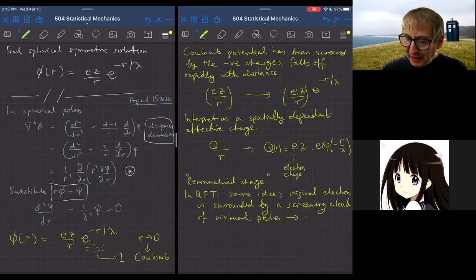And what that does is reduce the charge on the electron that you see macroscopically.